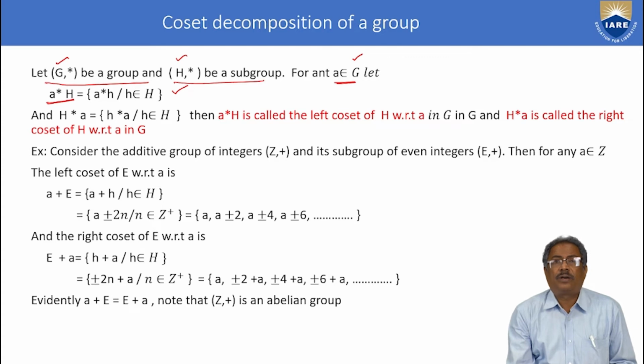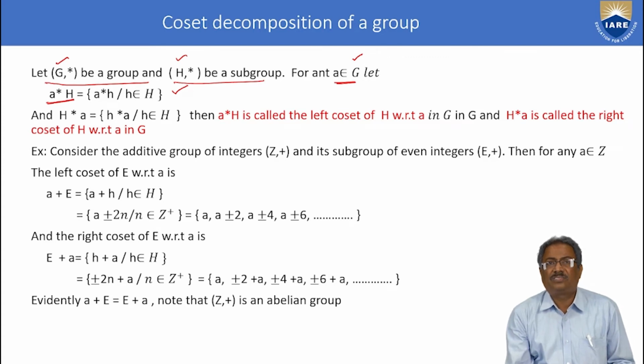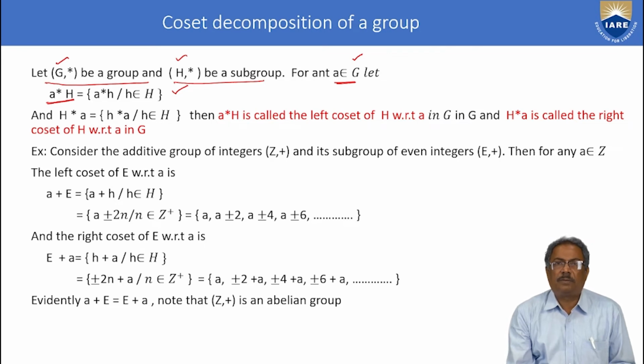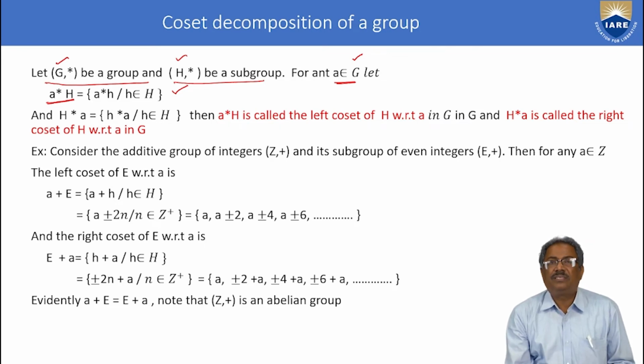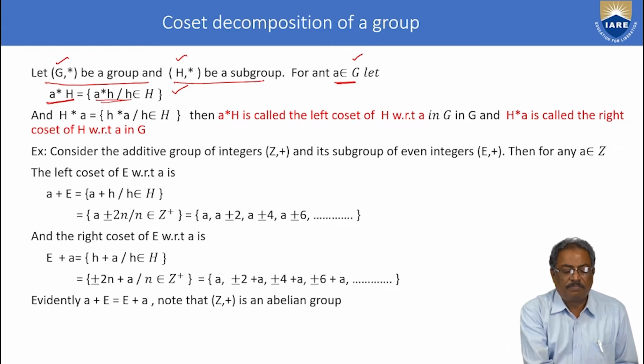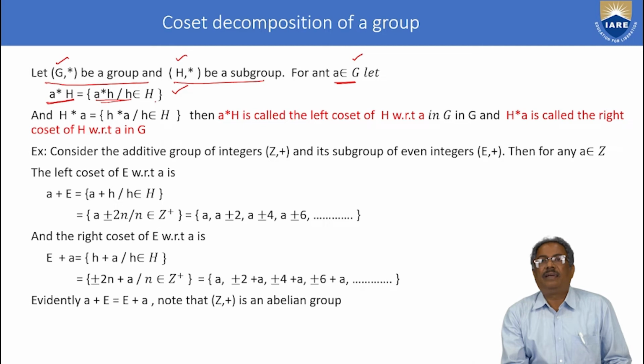That means whatever elements are there in H, we apply the binary operation with the element of G, and the set you get is the left coset.